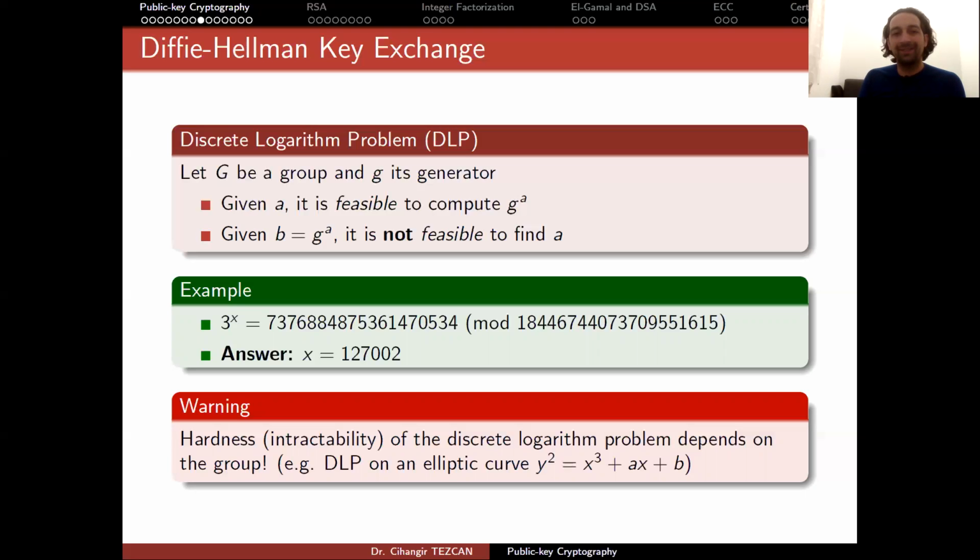So this is why, especially for the case of elliptic curves, we can use short keys. We will see why this is the case. But again, in order to understand Diffie-Hellman key exchange, you have to believe that this is hard. You are given 3, this number, and you know the modulo, which is a public parameter, and finding x should be hard. If you assume that it is hard, then we can perform key exchange.